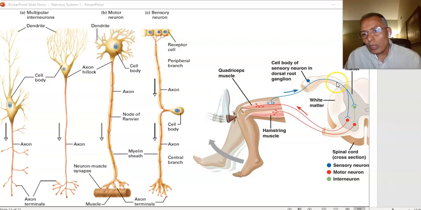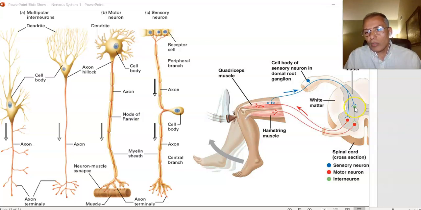Then it goes into the spinal cord. This is a slice of the spinal cord. So we are speaking about this here. It enters the spinal cord and it synapses with an interneuron. So the synaptic terminals of this sensory neuron connect with the dendrites of the interneuron, and that's inside of the spinal cord.